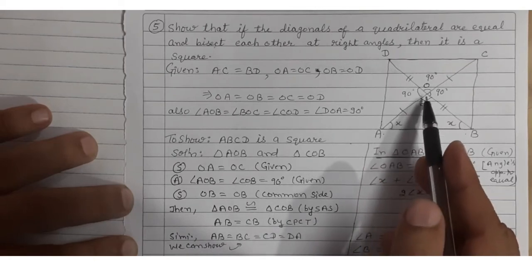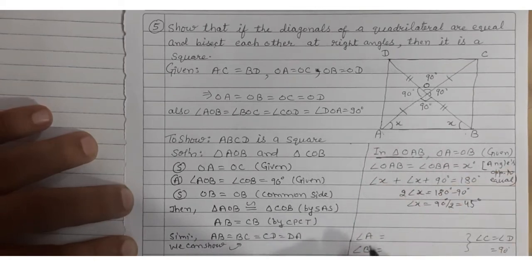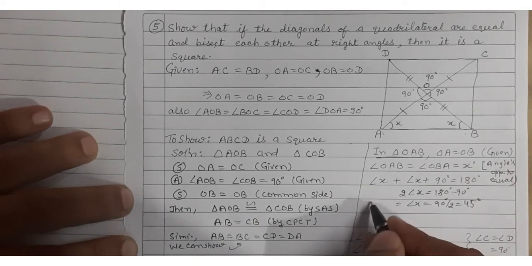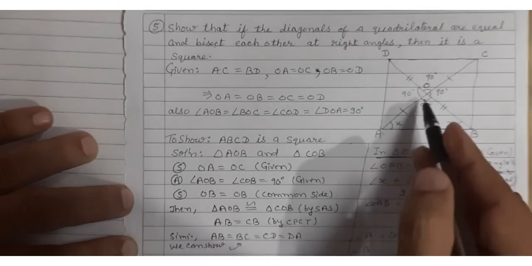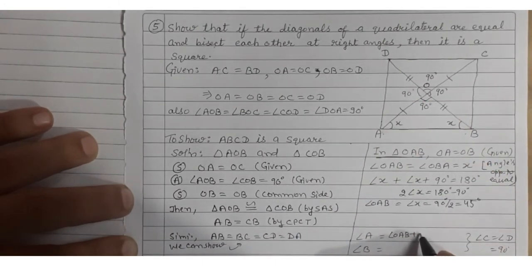So angle A is here. This is your OAB. OAB plus OAD. Similarly, OAD also 45, no? So this is 45 plus 45 is what? 90 degree. Angle A will come 90 degree.